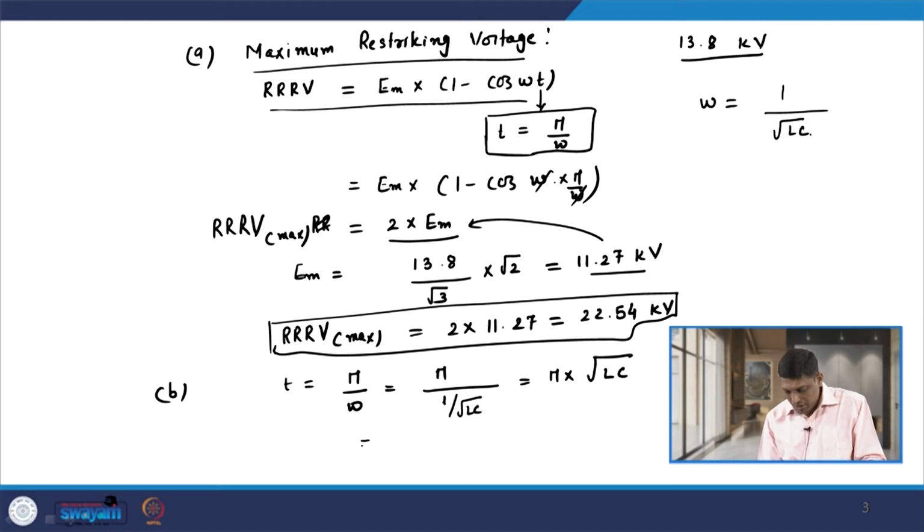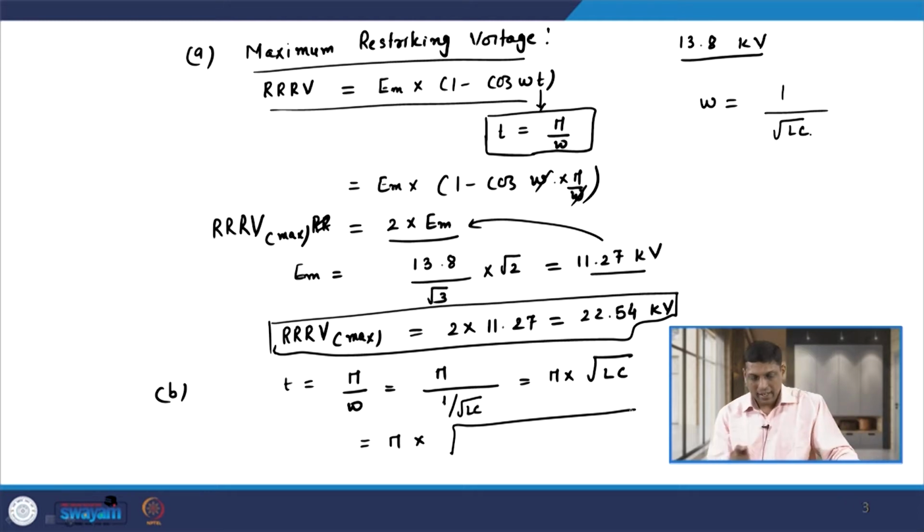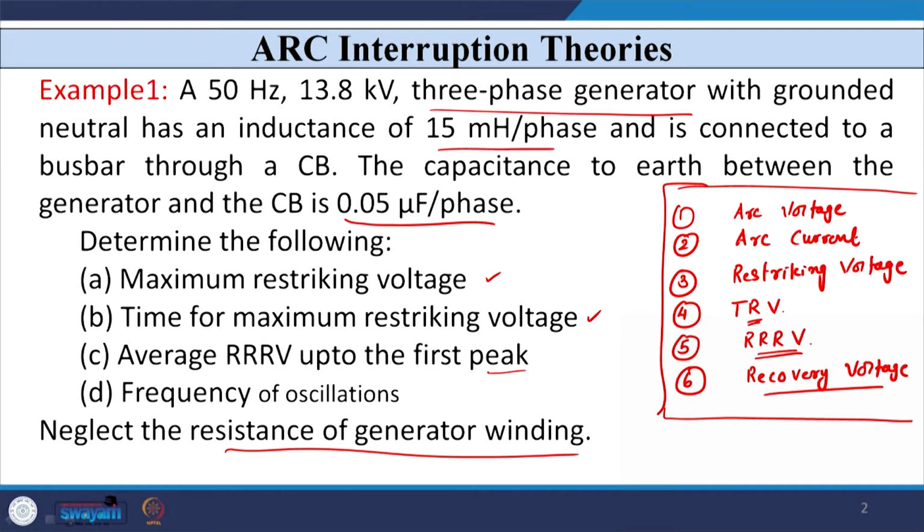So, if I put the value, that is pi under root of L into C, what is the value of L? L is given as 15 millihenry per phase, and C is 0.05 microfarad per phase.